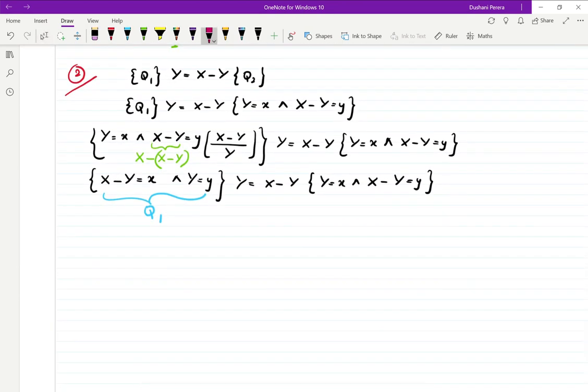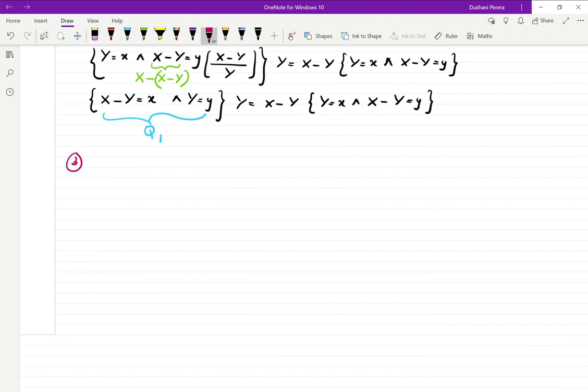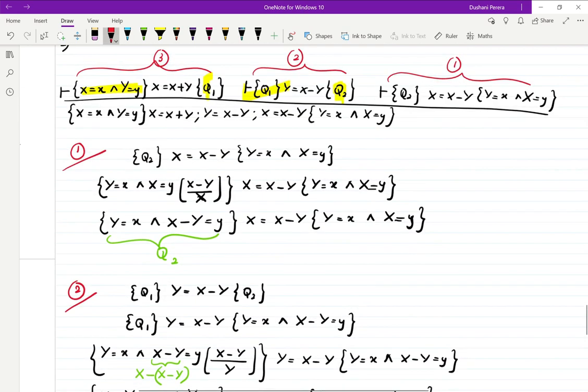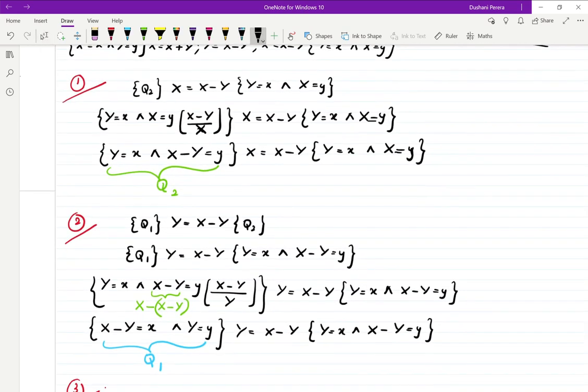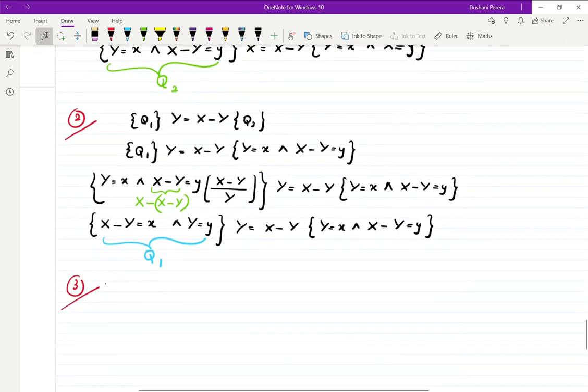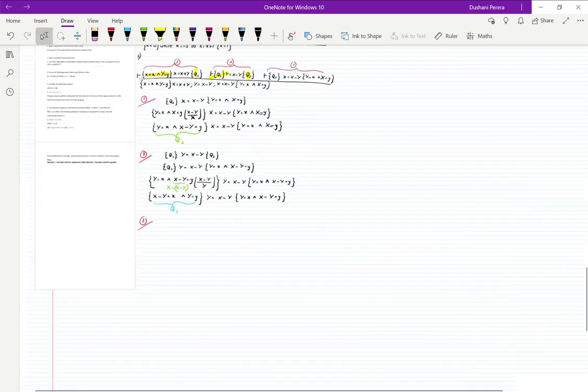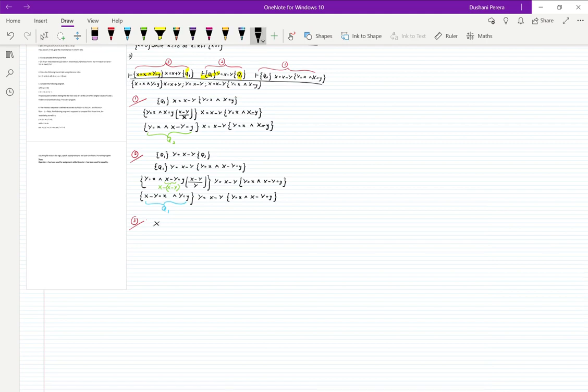So now I'm going to consider the third one. Okay, the third one goes as x equals x and y equals y, x equals x plus y, Q1.